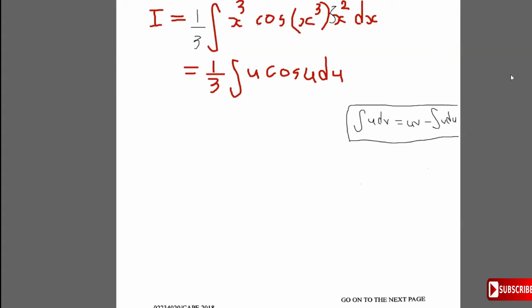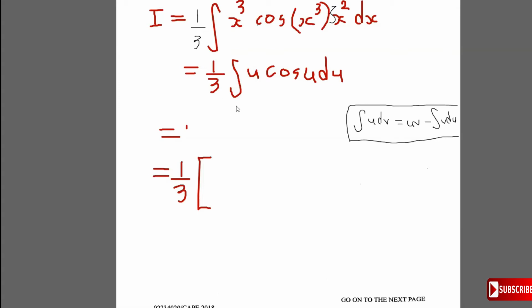If we apply this by parts formula, I is going to become equal to 1 over 3 times uv. Think of this as a u and this as a dv. I'm going to use different letters for u and v in this case.